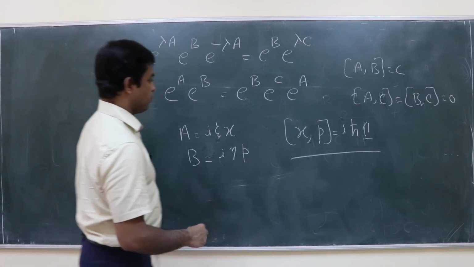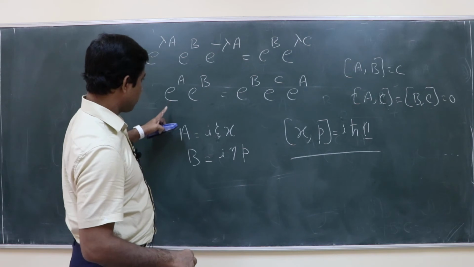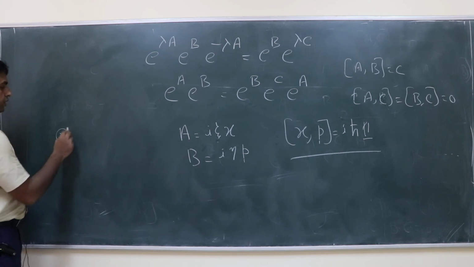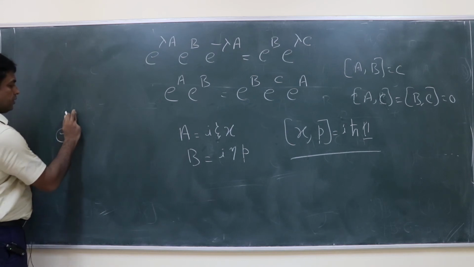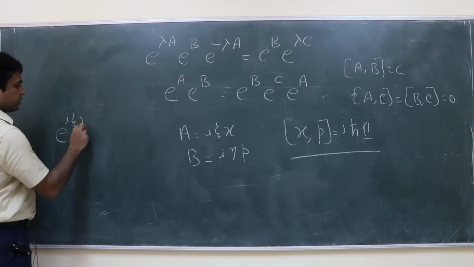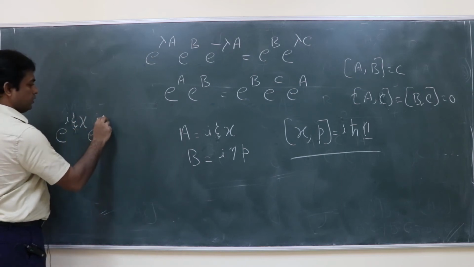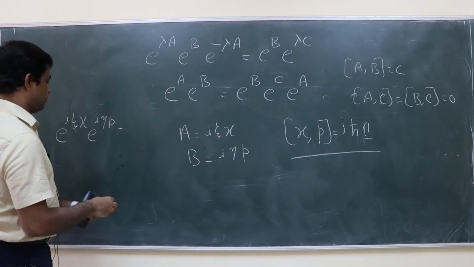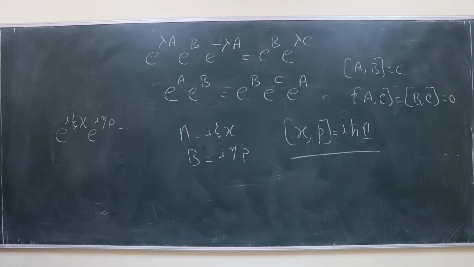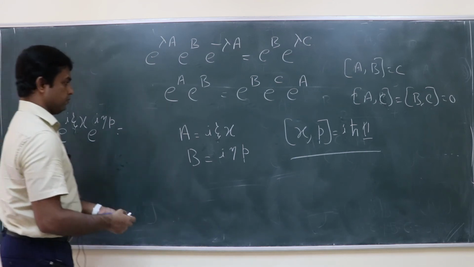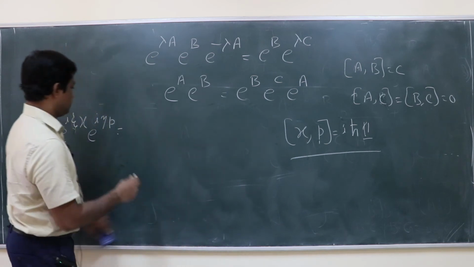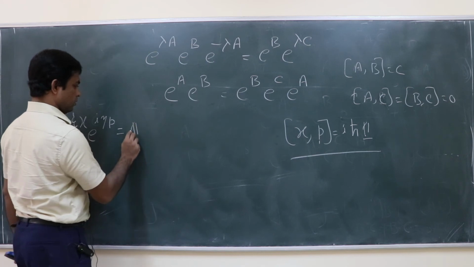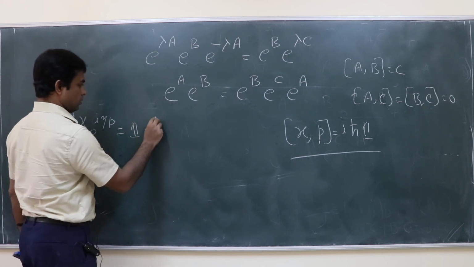So the answer is, what is the left hand side? e power i psi x e power i eta p, which is equal to identity matrix, identity matrix e power i into e power i h star.